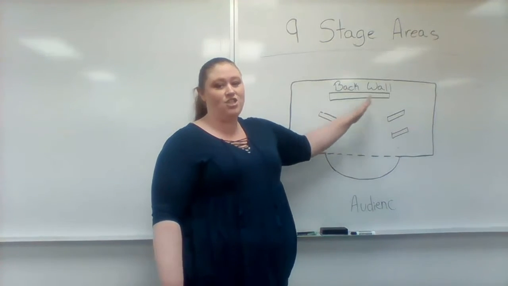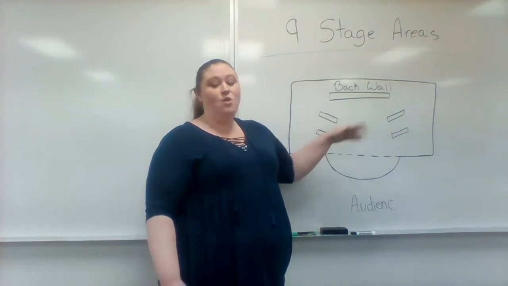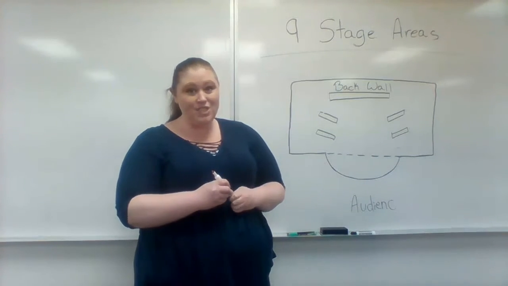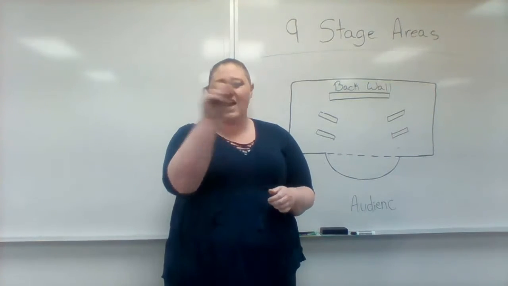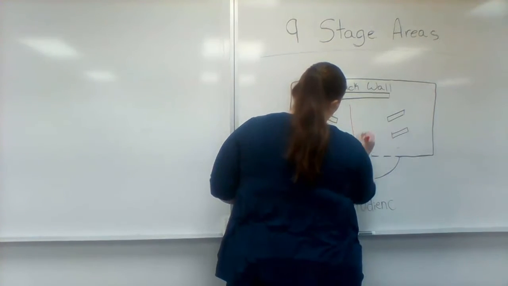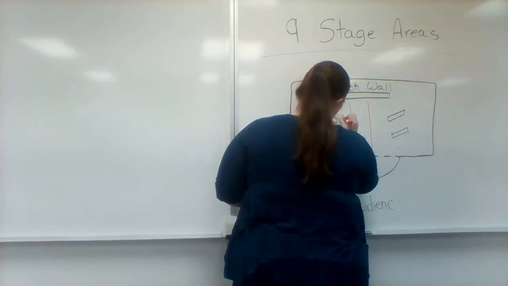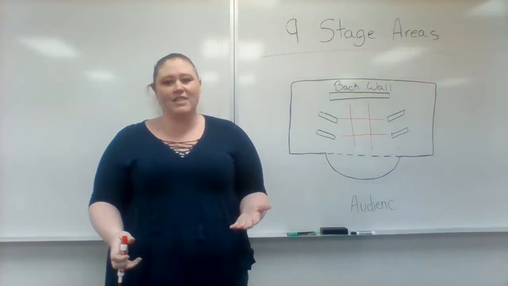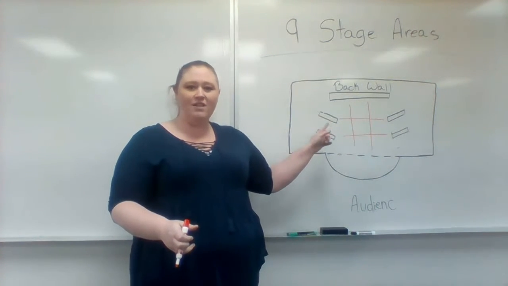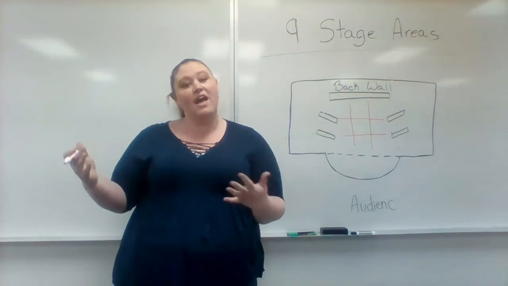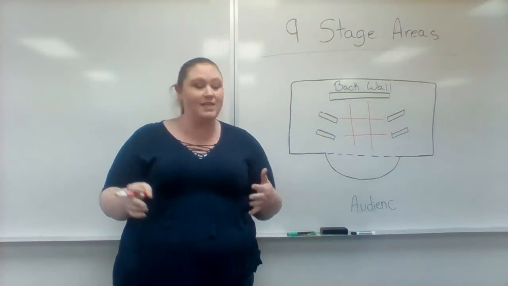This is our stage. We divide that area into 9 equal squares, and we do that by doing a little hashtag sign. It kind of looks like we're playing tic-tac-toe on the stage. Or like I said, you're doing a hashtag like at the end of a Facebook post or a tweet.